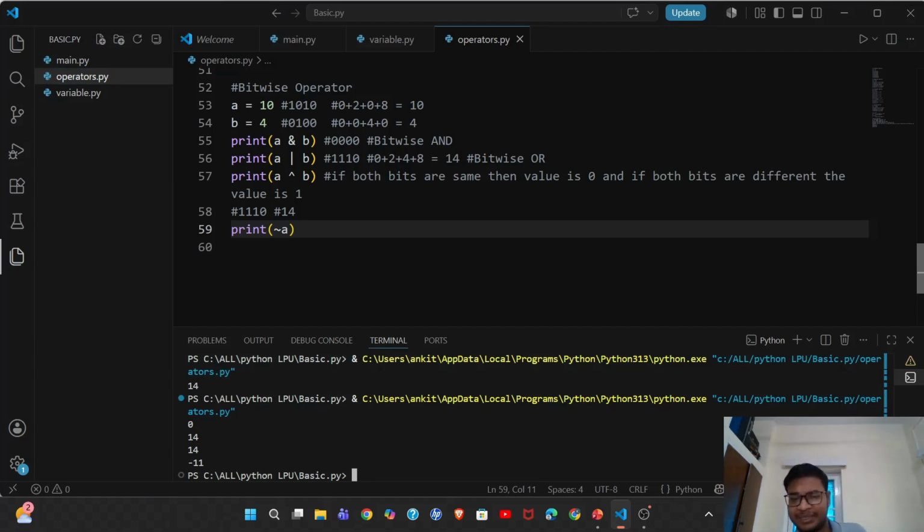The most interesting part is here about this bitwise NOT operator. Why is it minus 11? Bitwise NOT means flip the current bit, like 0 becomes 1 and 1 becomes 0.